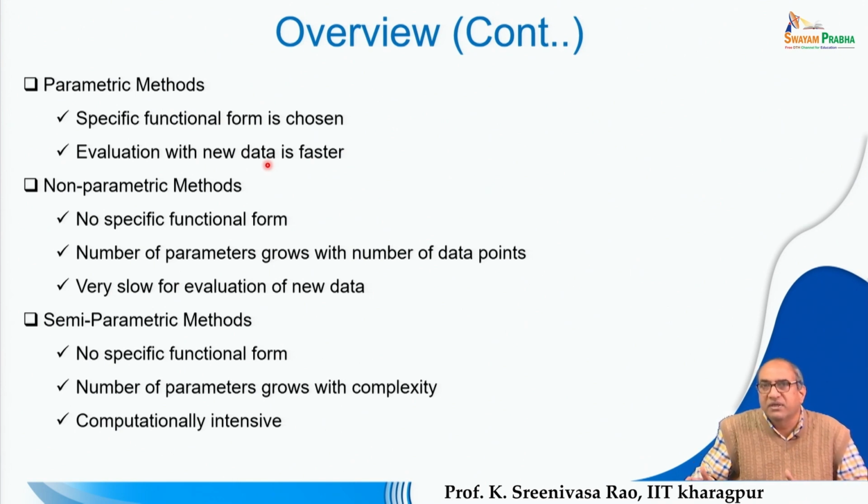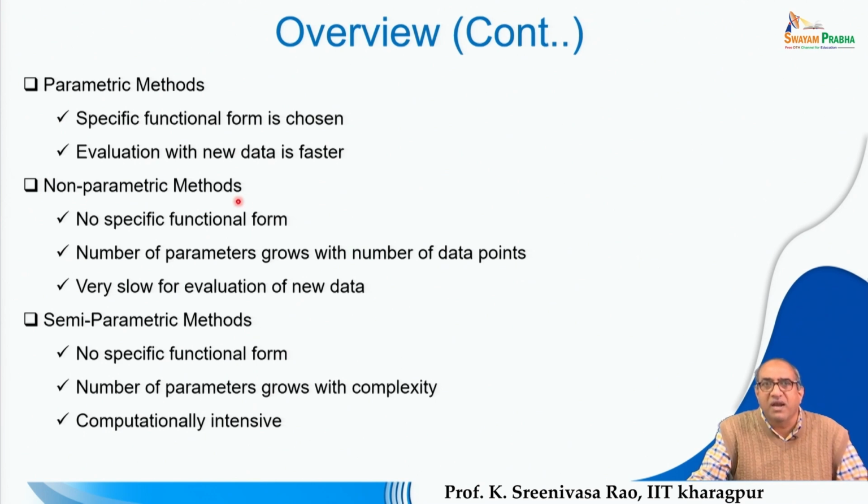The shape of the density of the actual data may be very different from the functional form we have chosen. We may assume the functional form is Gaussian, but the available data may be a uniform distribution, for example. Then we are forcing a Gaussian distribution on it, and the density estimation is not accurate at all. That is the problem, but the advantage is that it is faster, and you can estimate the density very quickly for new data.